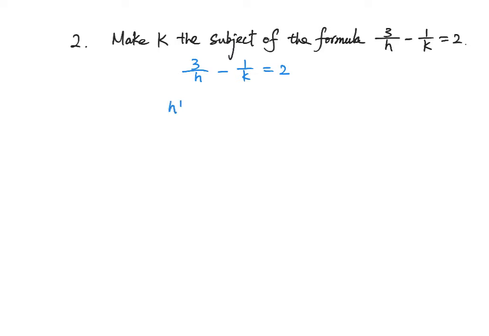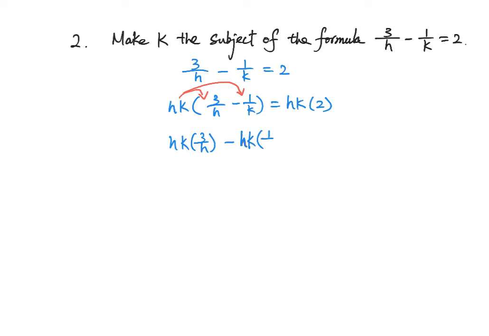So HK on the left hand side, HK times the right hand side. On the left hand side, HK times 3 over H, minus HK times 1 over K. On the right hand side, HK times 2, which is 2HK.